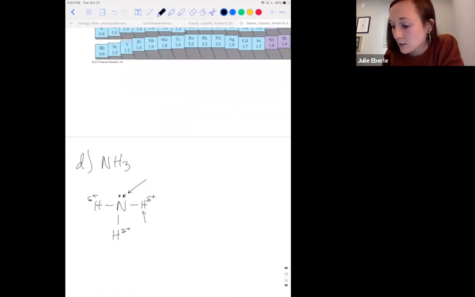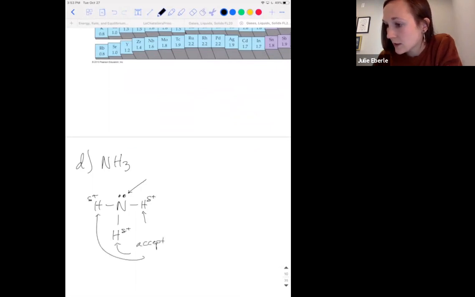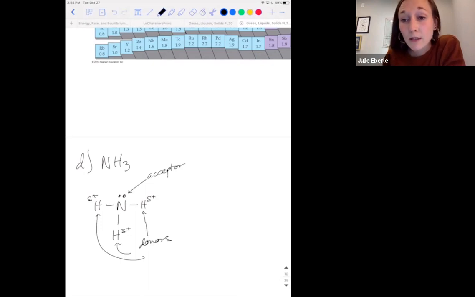So what that means is we have 3 donors, and we have 1 acceptor. And because we have both, this molecule can hydrogen bond with another molecule of itself. So the strongest force here would be hydrogen bonding.